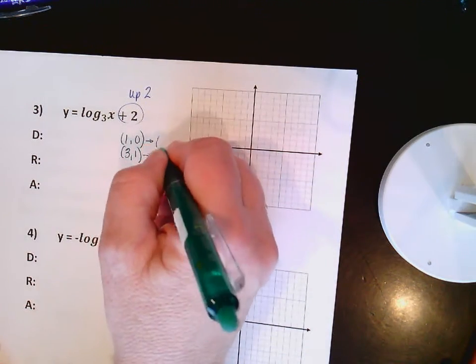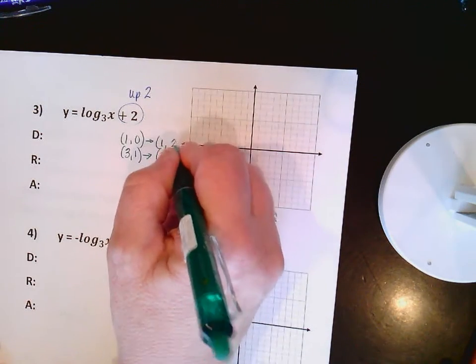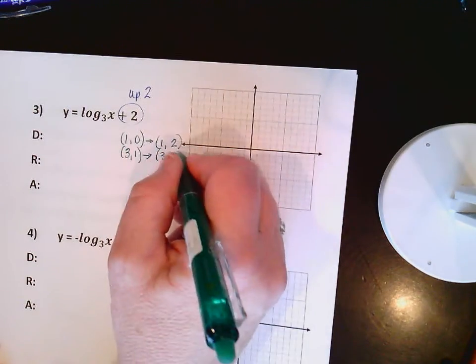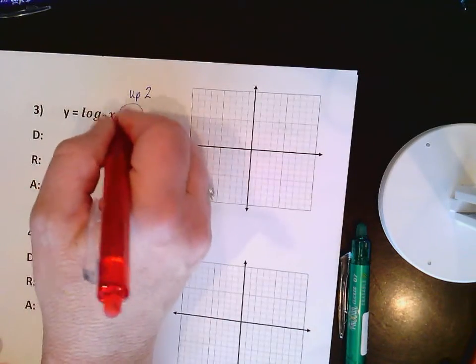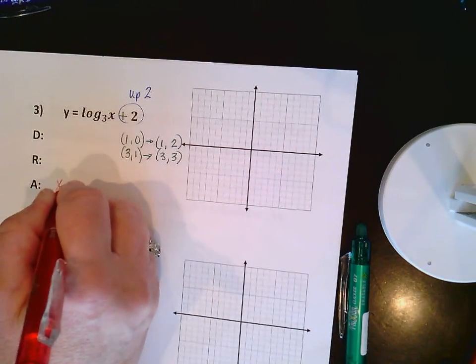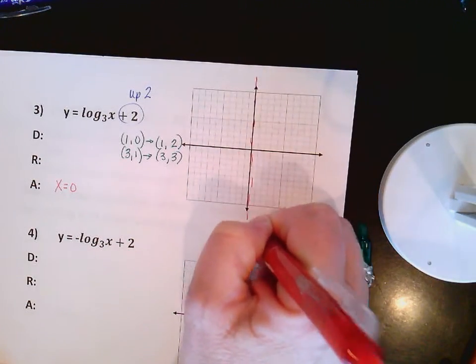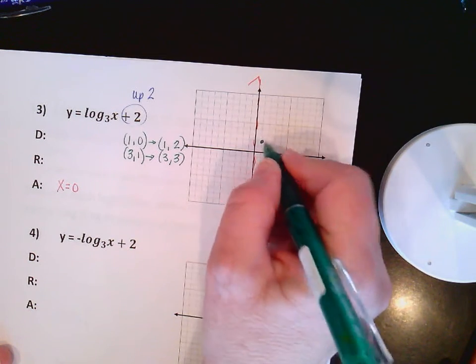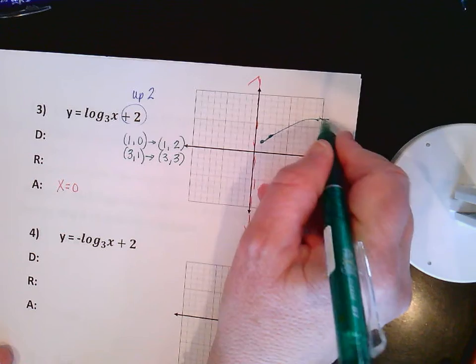So the 1's are not going to change. But I'm adding 2 here, and I'm adding 2 here. 0 plus 2 is 2, 1 plus 2 is 3. My asymptote, I don't have an h, so my asymptote is x equals 0. So it's going to be down through here. And then I have (1, 2) and (3, 3), and it's going up this way, and then down towards here.